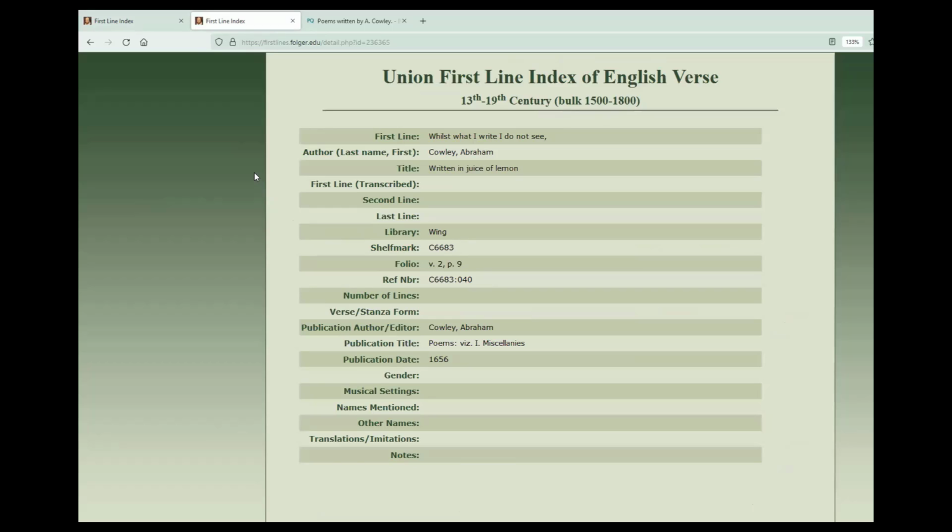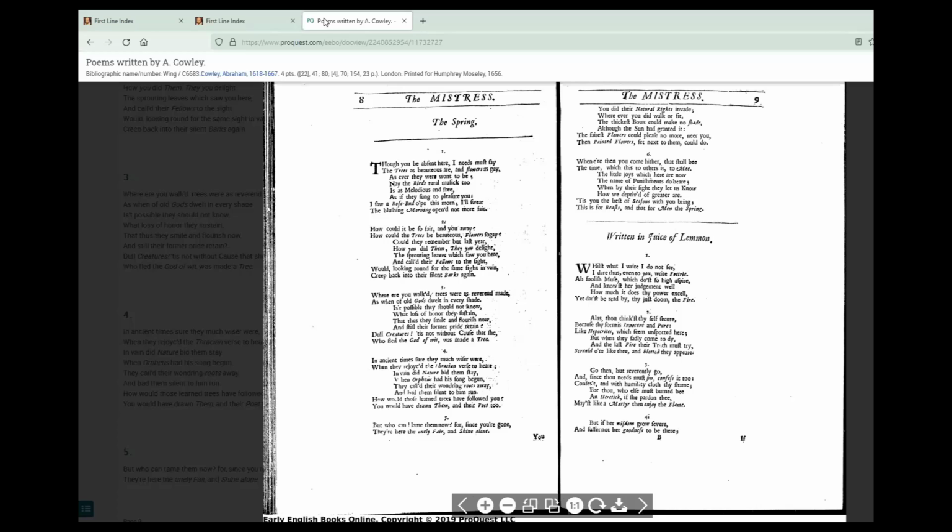What's interesting in this search is that the poems themselves have content that represents the search term, but that their physical manifestation, in this case, invisible lemon juice ink, factors into a poem's creation too. This becomes even more complicated when we see that certain of these poems, like Abraham Cowley's Written in the Juice of Lemon, is printed in an edition of his poetry, making visible a poem that was meant to be only read in secret circumstances.